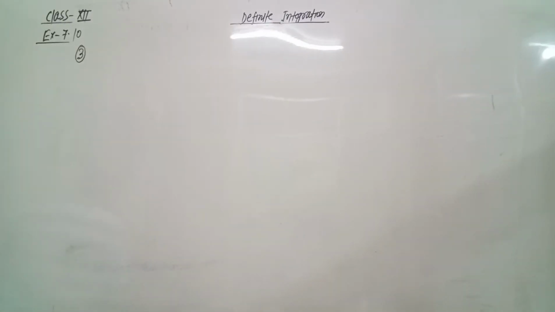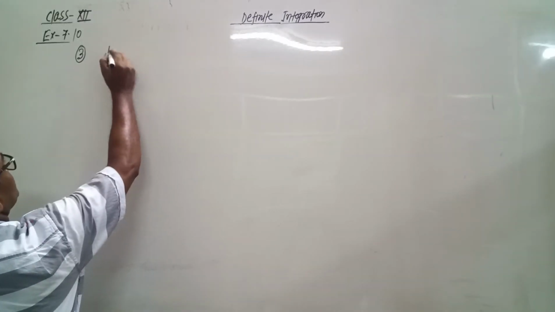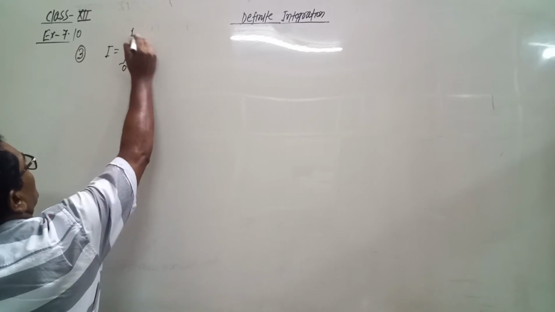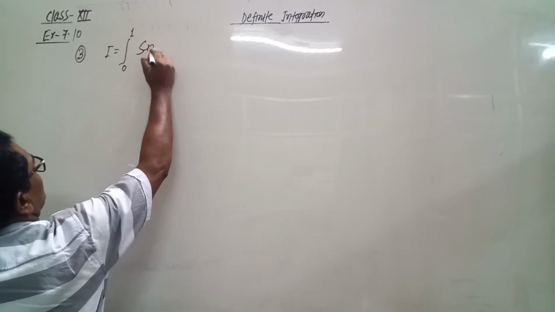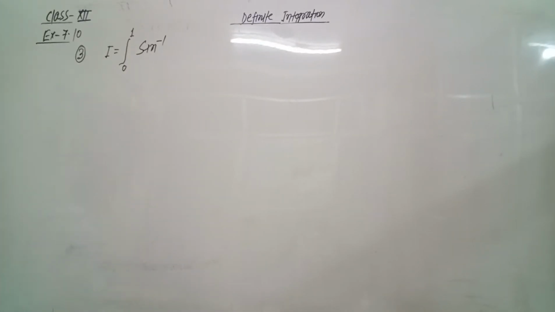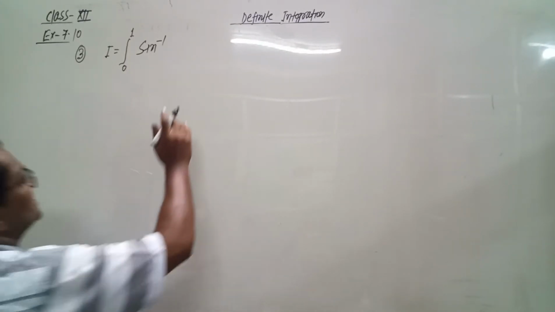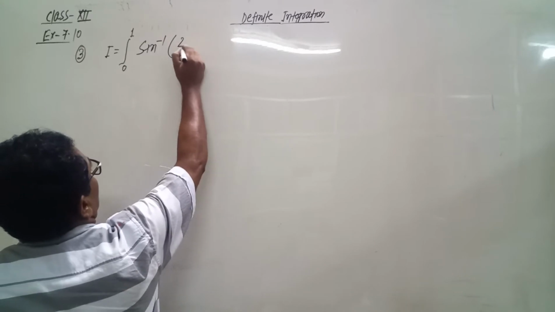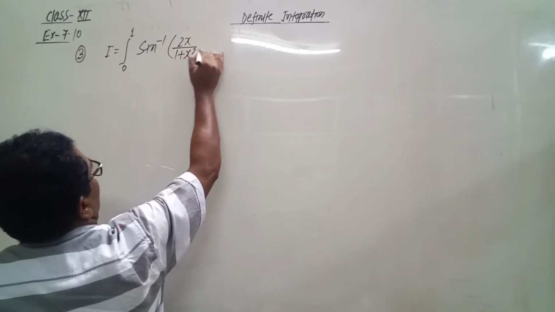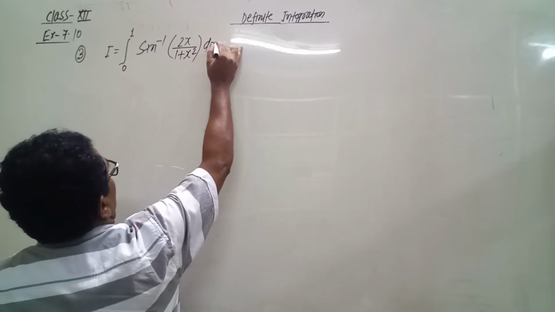This is integration limit 0 to 1, sine inverse of 2x upon 1 plus x square dx.